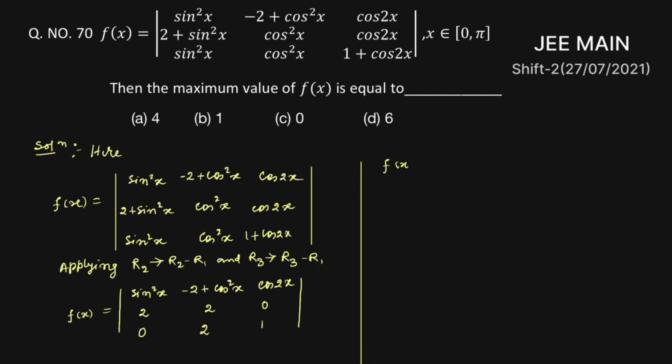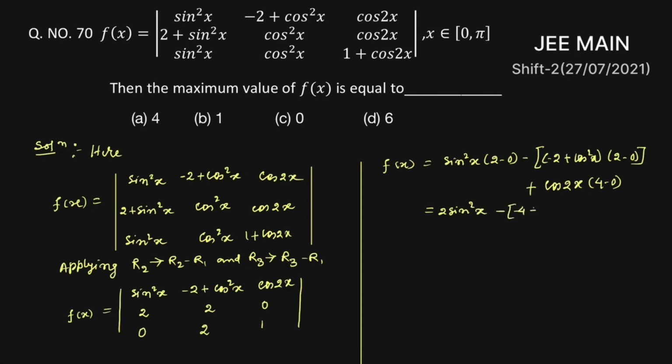Then f of x is equal to sine square x into (2 minus 0), minus (2 plus cos square x) into (2 minus 0), plus cos 2x into (4 minus 0), which is equal to 2 sine square x minus (4 plus 2 cos square x) plus 4 cos 2x, which is equal to 2 sine square x minus 4 minus 2 cos square x plus 4 cos 2x.